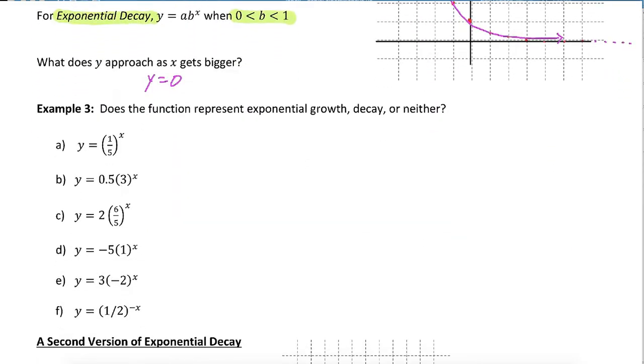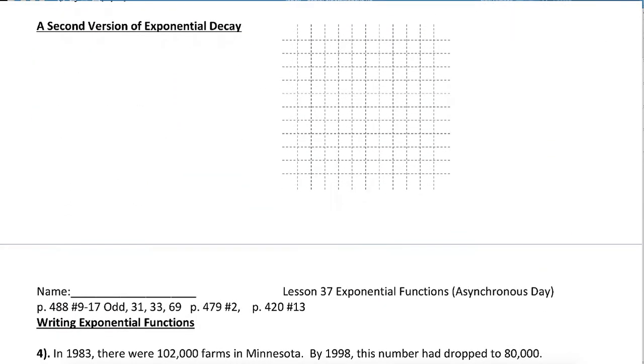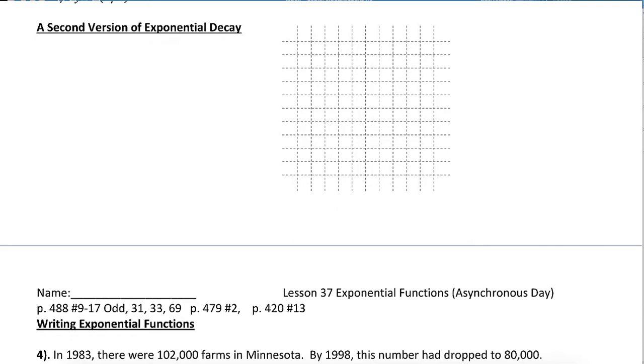There is one other way to see exponential decay. We can either do what we just did, which is put a fraction in the base, and when you raise a fraction to a positive exponent, it's a smaller fraction. When you raise a fraction to a negative exponent, it becomes a whole number again.